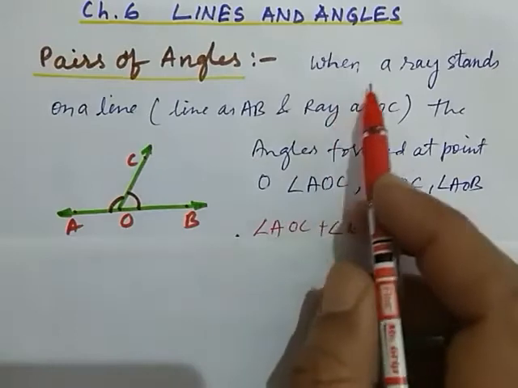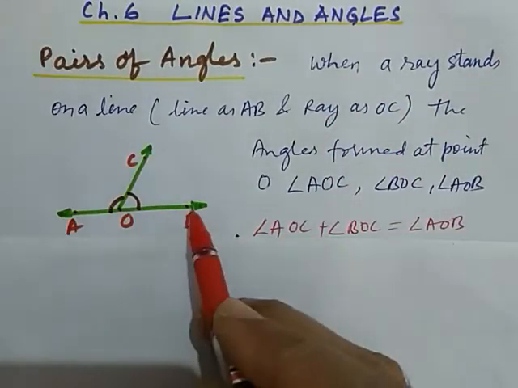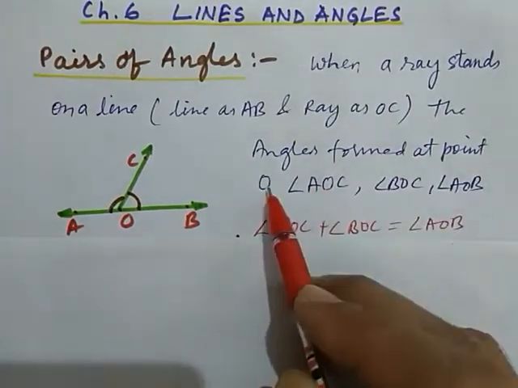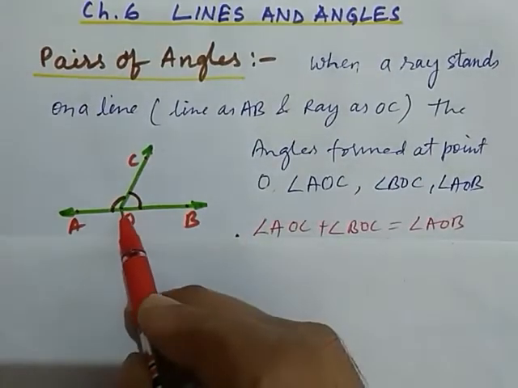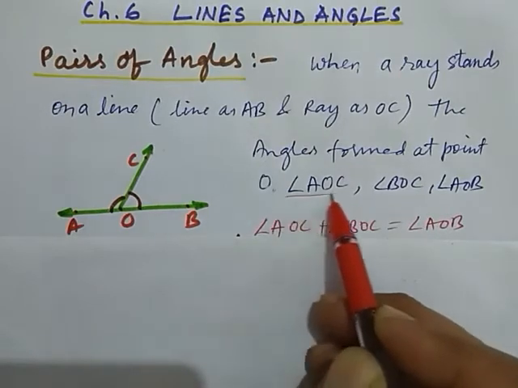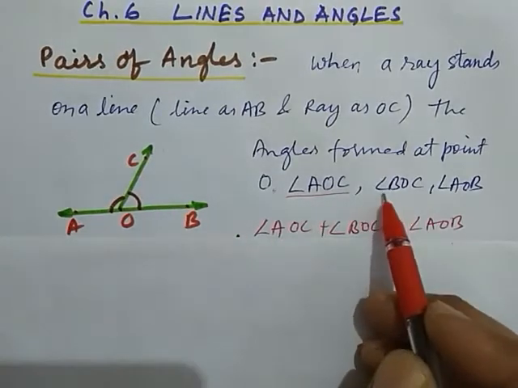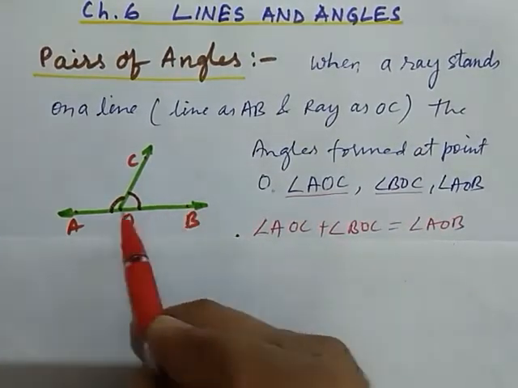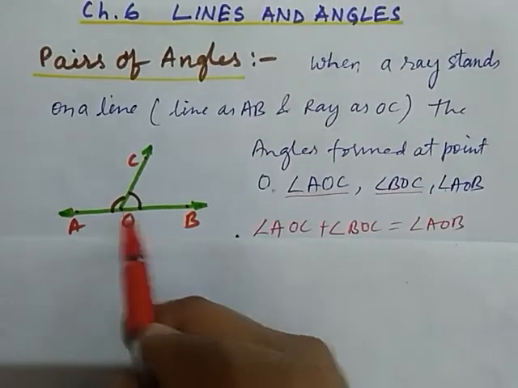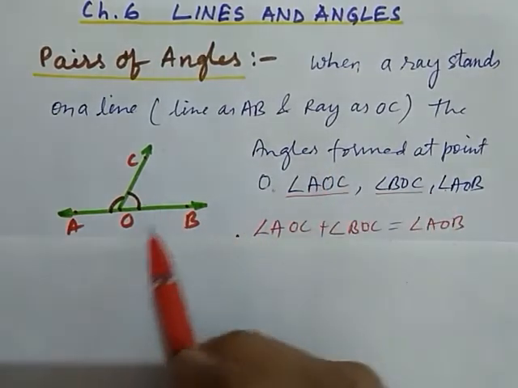When a ray stands on a line, the angles formed at point O are AOC, BOC, and AOB. AOB means this complete angle. These three angles are formed.